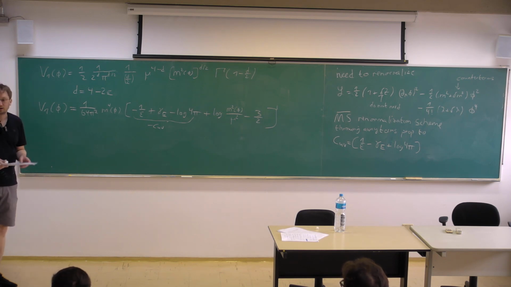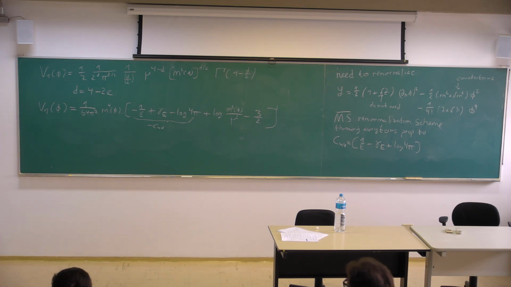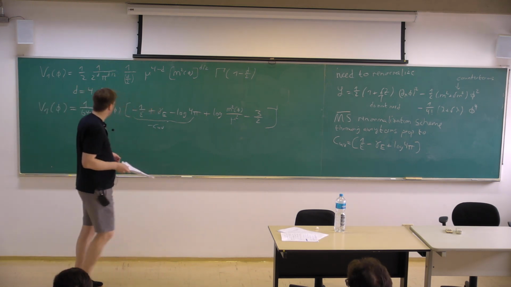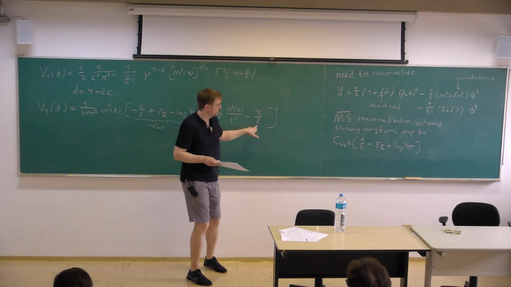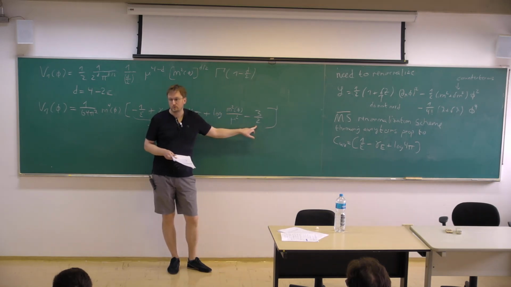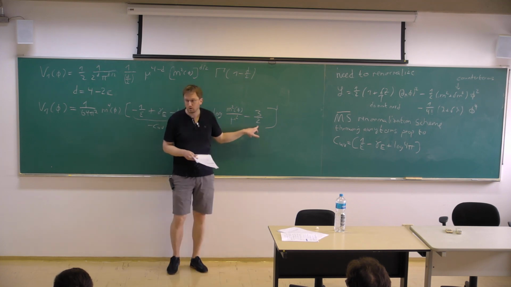Is there a reason why you want to keep the minus 3/2? Why? Not sure. Essentially, you will see in a minute that you get different constants for different contributions. I will show you in a second that for scalars and for fermions you get the same, but for gauge bosons you get a different constant here. I guess it's convention.